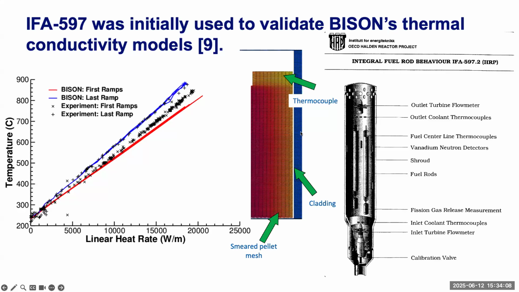Yes, so the pellets, essentially the way that it's modeled, and again, the BISON website documentation actually goes through all of this in depth. But essentially you're pinpointing, if you can see my cursor, yes. Essentially you're locking down the bottom left corner of the fuel pellet, as well as the bottom left corner of the cladding. You typically set a kind of locked in point and set those mechanical boundaries as 0.